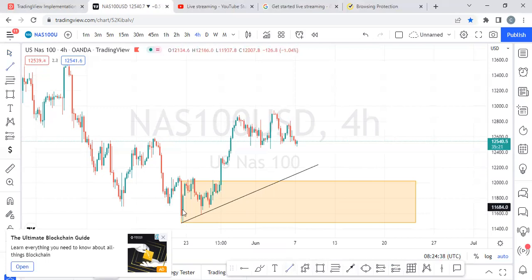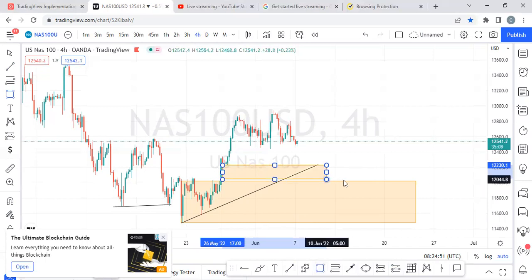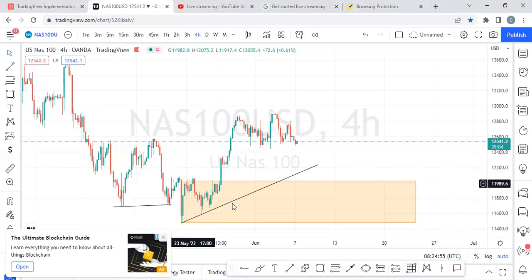Liquidity was captured at this point here. You can see presence of imbalance at this point, and imbalance here. So that also makes it good, we're looking for a buy from here down. So when the price fills this imbalance, we are looking at an IPA at this point here.